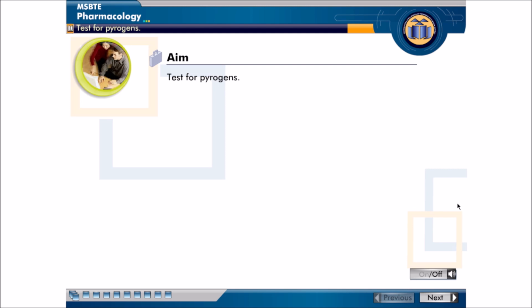Aim of this experiment is to test for pyrogens.